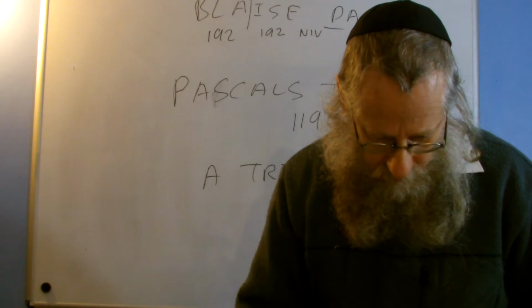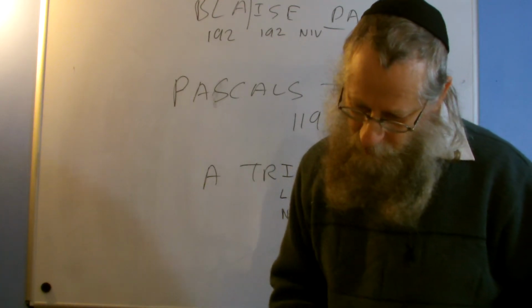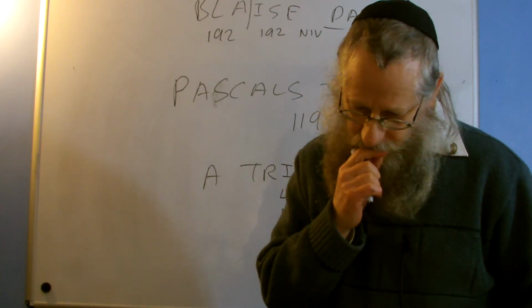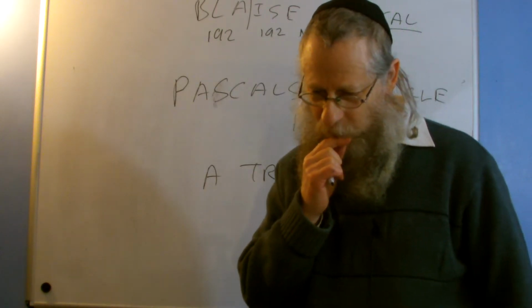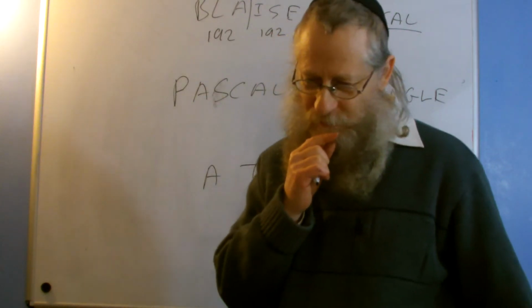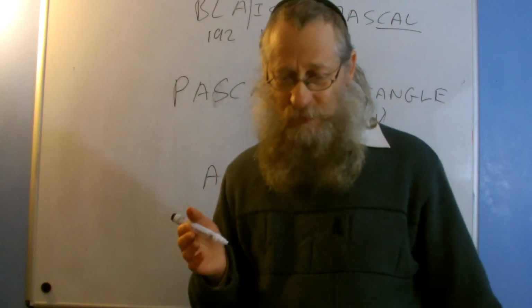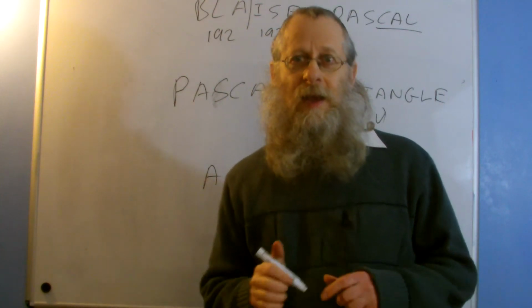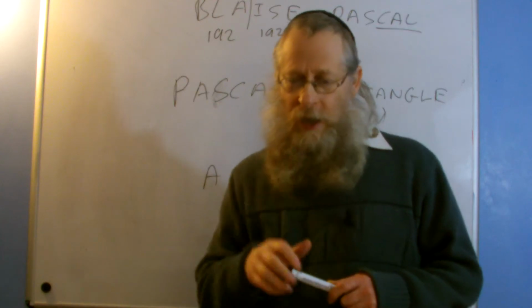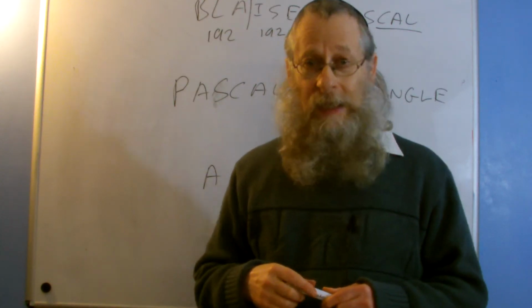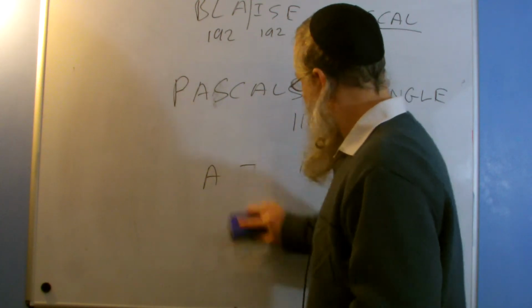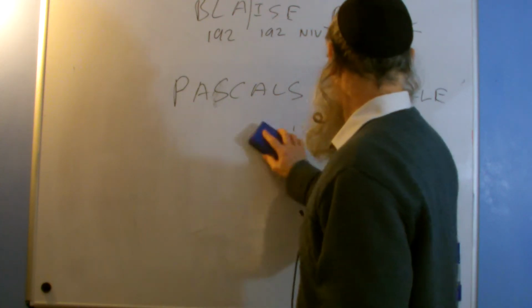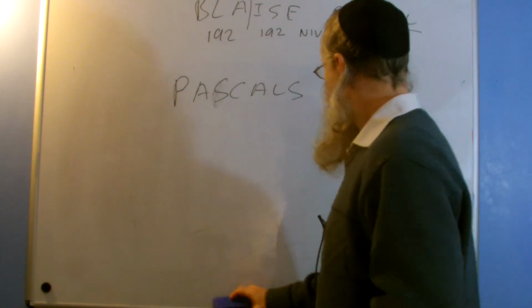So he invented something called an arithmetic machine, or what we might call a calculator, but it was a mechanical calculator. And it was called a Pascaline. And we're going to show the relationship between that invention of his and his name.